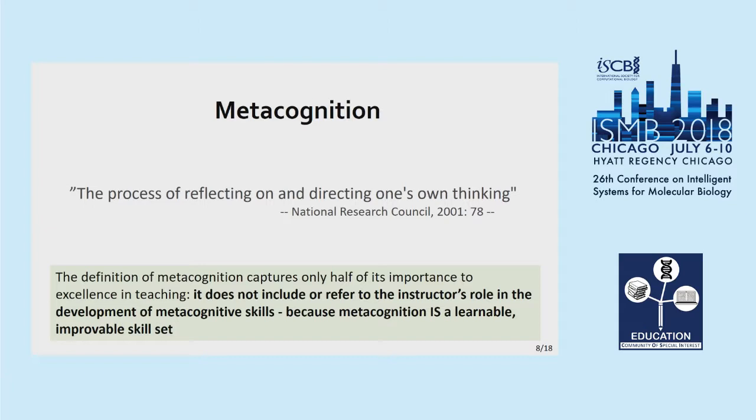And another thing that is not explicit in this definition is the fact that metacognition can be learned and can be improved. So the whole idea here is that if we were able to develop metacognition in our students, we would be on a good way towards excellence in teaching.